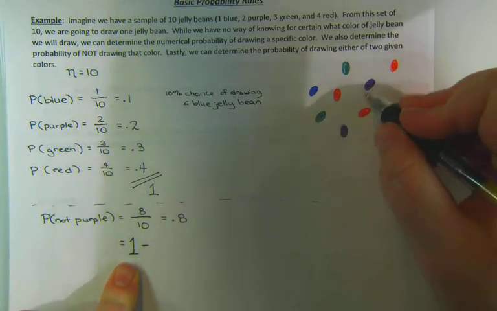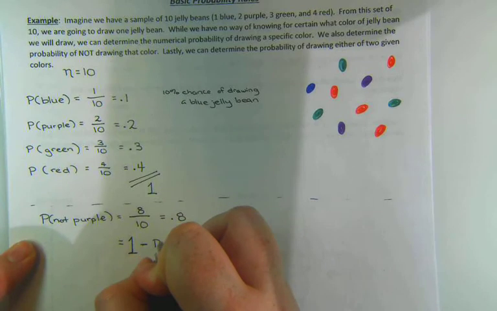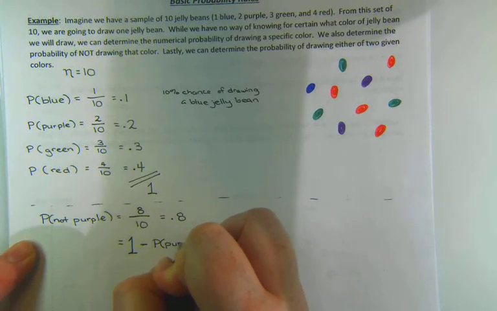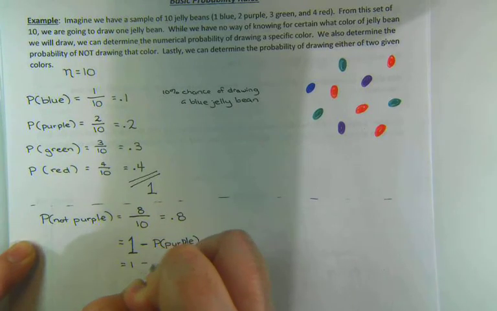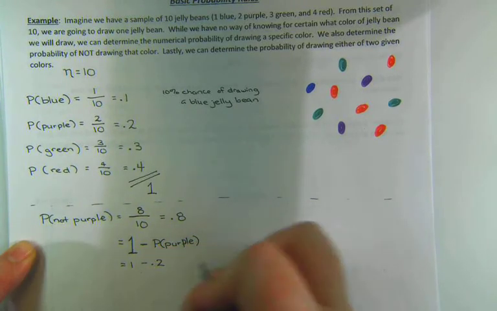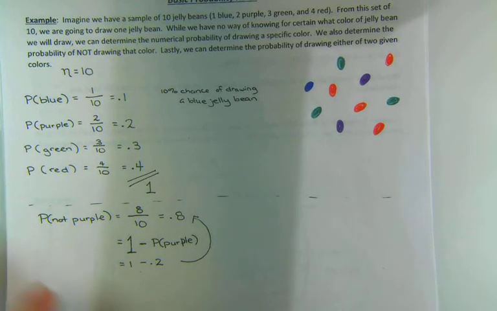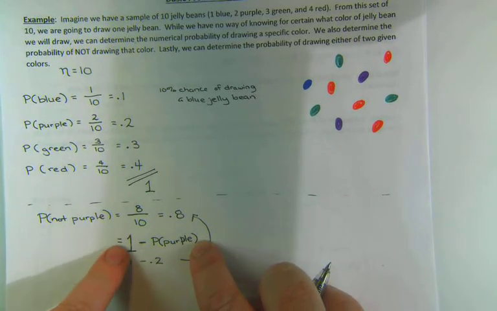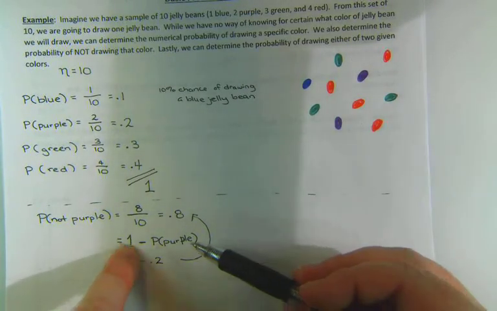This means everything. We take absolutely everything, and the only thing we want to exclude is these 2 out of 10 jelly beans, which is essentially the probability of purple. So if we take 1 minus 0.2, that gives us that same value of 0.8.